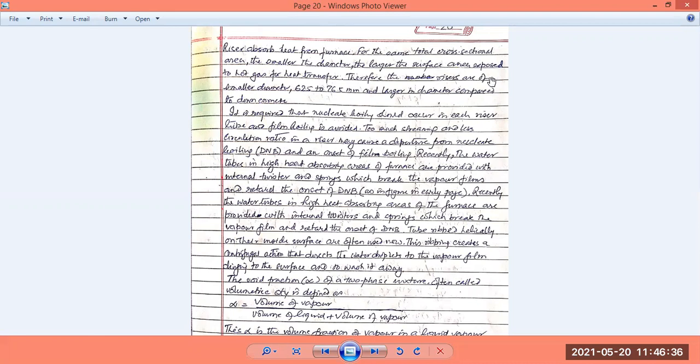Risers are of smaller diameter, around 62.5 millimeters, and comparatively larger in number compared to the downcomers.